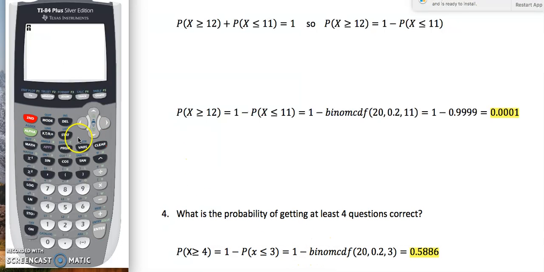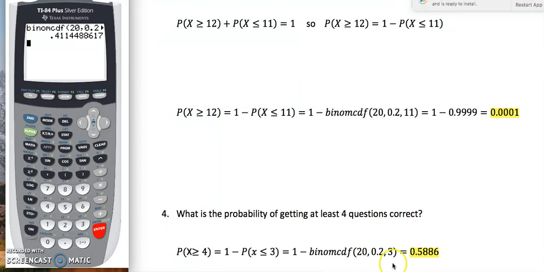So we're going to go ahead and calculate that. So 20, 0.2, and up to 3 questions.